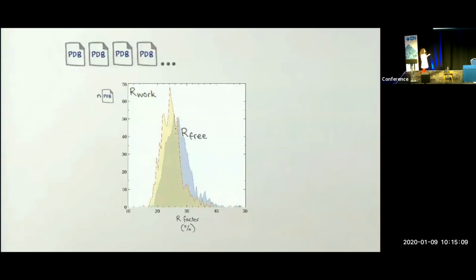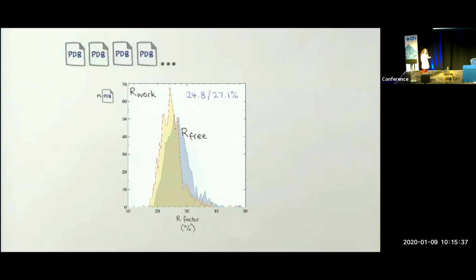So the gap between R work and R free has significantly reduced by about a half, and that's also in cases where the R work and R free roughly agree with the original value as well. In fact, it's even a smaller gap at that point. And currently, my average R work and R free values are roughly 25–27%, and in order to match, it would need to go down by about 5%.